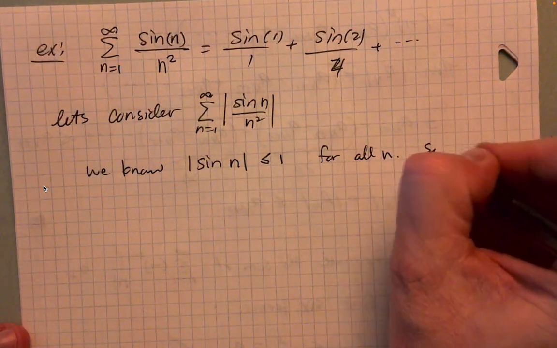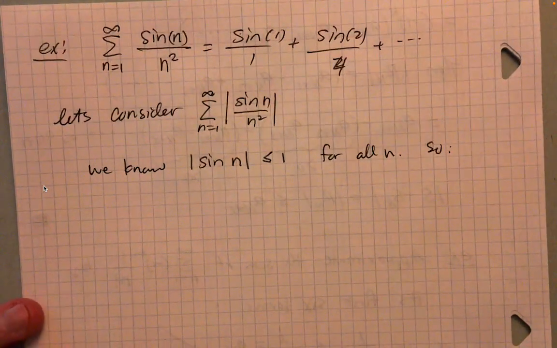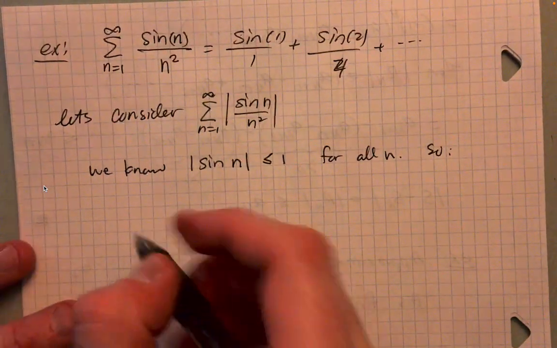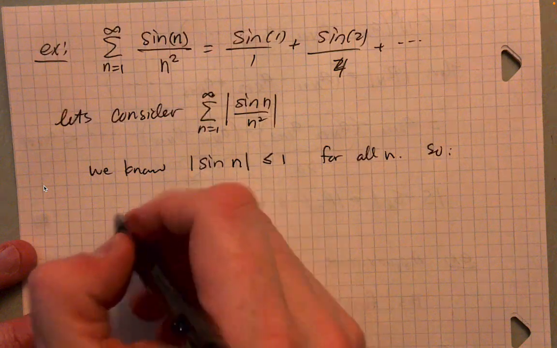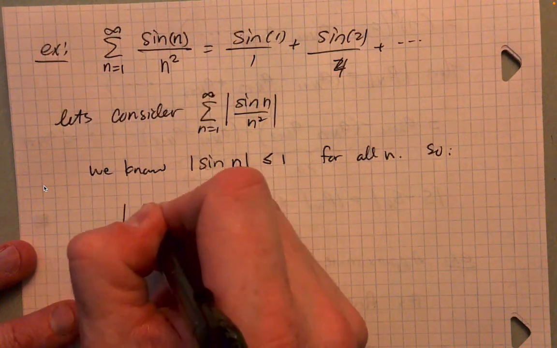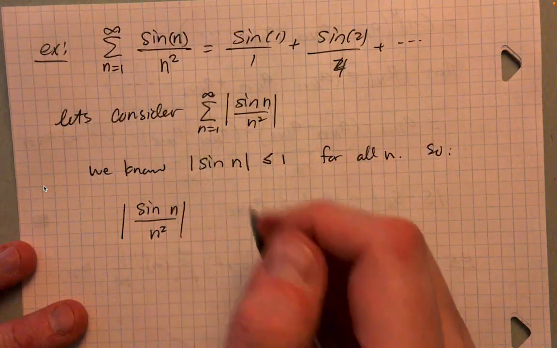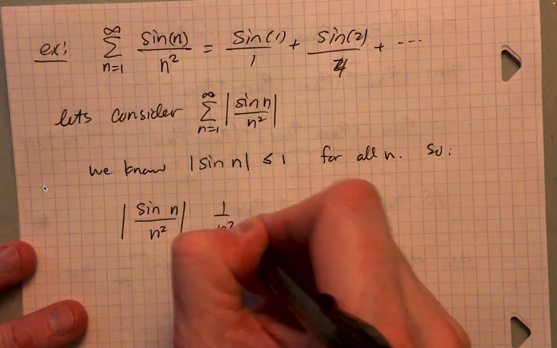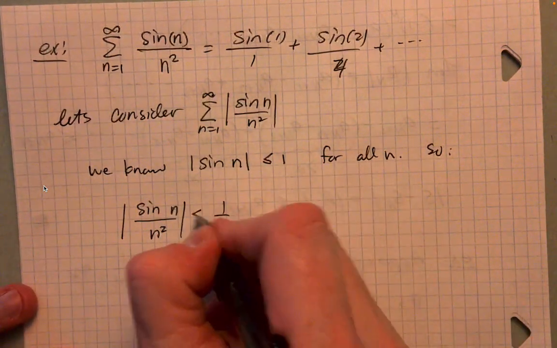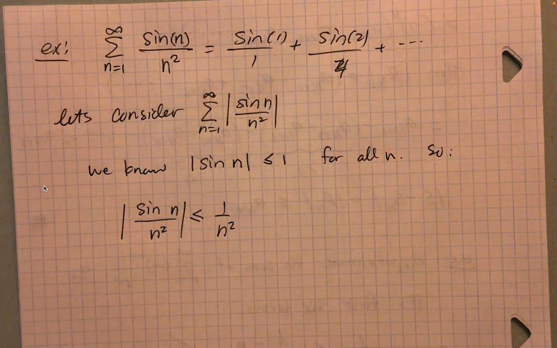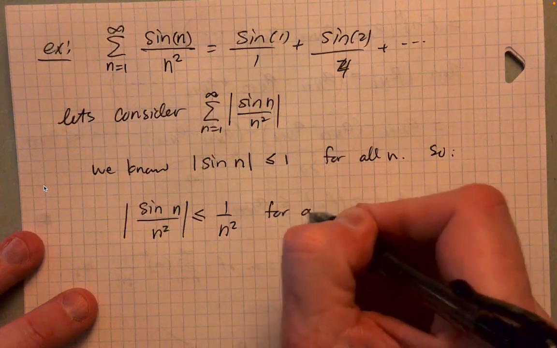Okay, so what can we do? Well, let's compare this to something. If I have the absolute value of sine of n over n squared, a good comparison would be 1 over n squared. And in this case, we can see that the less than or equal is going to work. This is going to be true for all n, right?